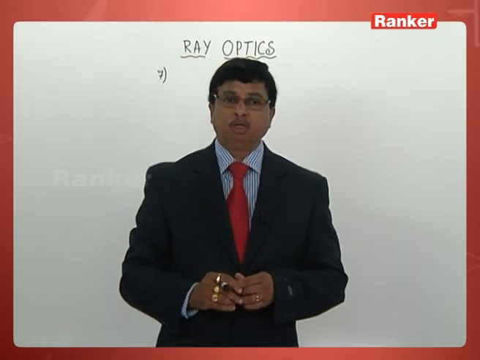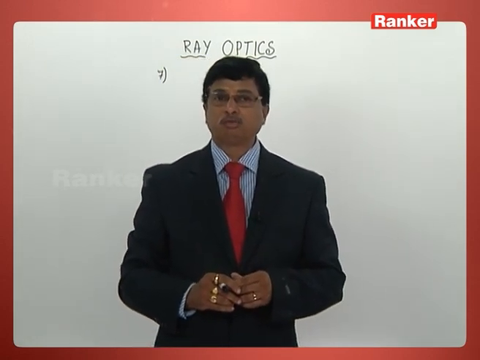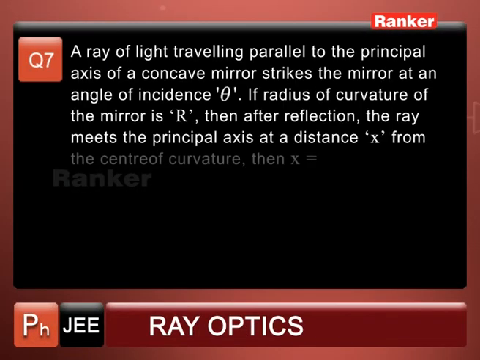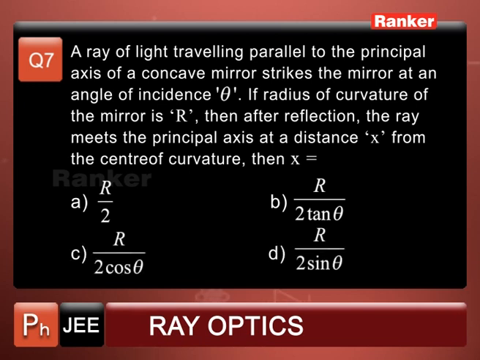Next is problem number 7, one of the excellent model questions we have. A ray of light travelling parallel to the principal axis of a concave mirror strikes the mirror at an angle of incidence theta. If the radius of curvature of the mirror is capital R, then after reflection, the ray meets the principal axis at a distance x from the center of curvature.